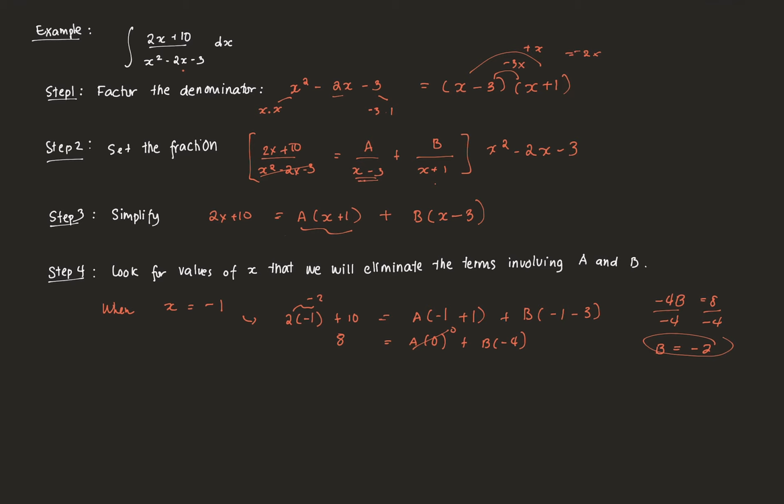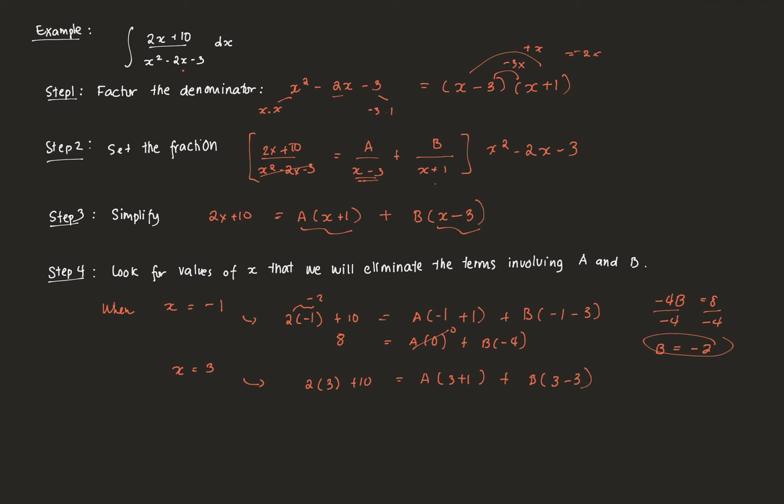What about if I try and set this one equal to 0? That happens when x is equal to 3. So we get 2 times 3 plus 10 equal to a times 3 plus 1 plus b times 3 minus 3.